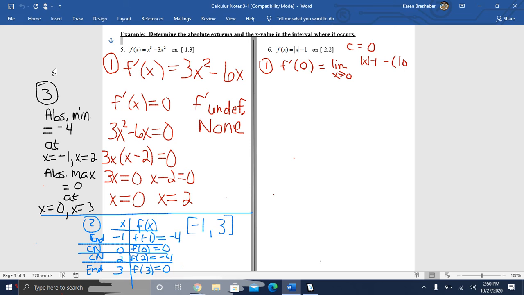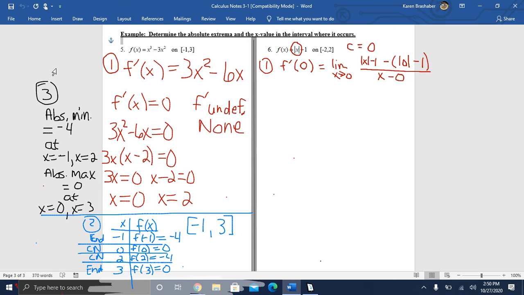So the absolute value of 0 minus 1. And then all of that is over x minus c. So x minus 0. So once again, I got c equals 0 because I looked for what caused the inside of the absolute value to equal 0.